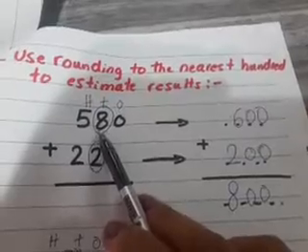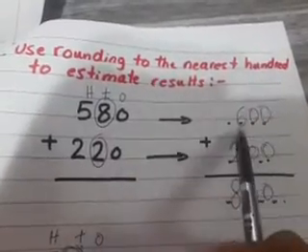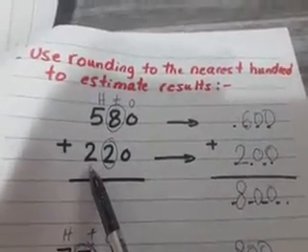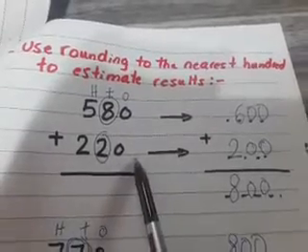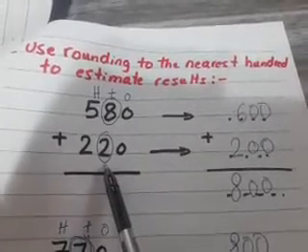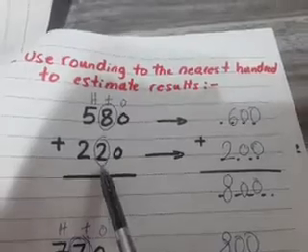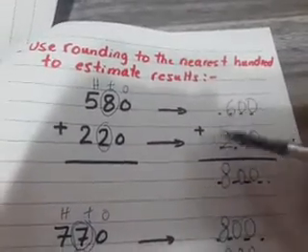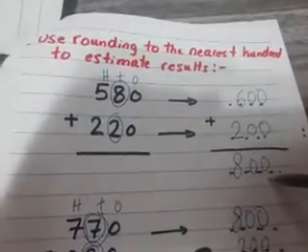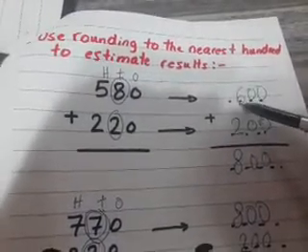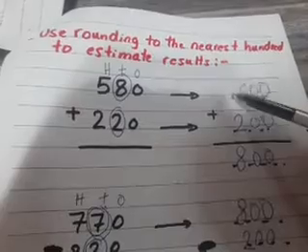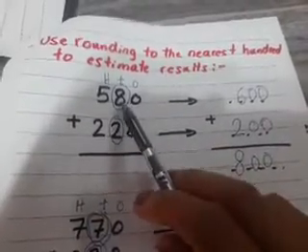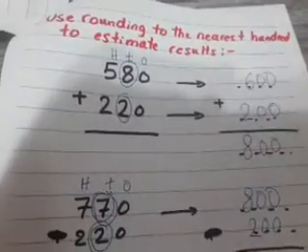It's more than 5, so it will be 600. And here we have 220. We will focus on the 2. It's our tens. It's less than 5, so it will be 200. 600 plus 200 equals 800. So you will add 1 to the 100 in the case if the tens is more than 5.